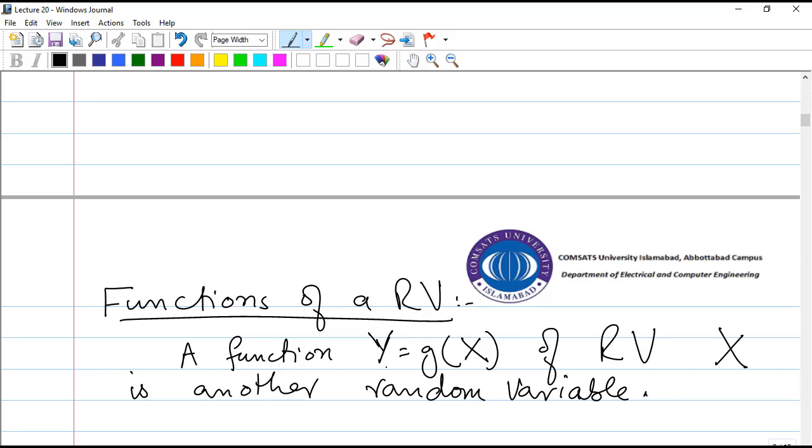So here it means that one random variable, just like y, is a function of another random variable x. In this way we can say these are the functions of a random variable.